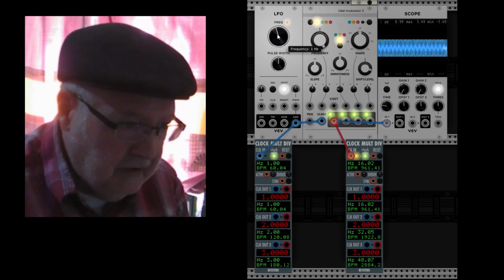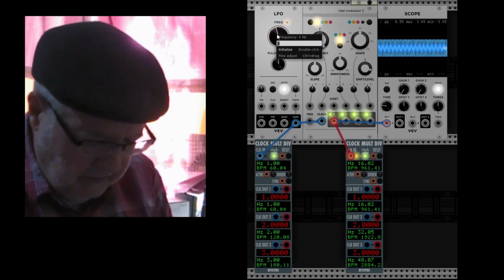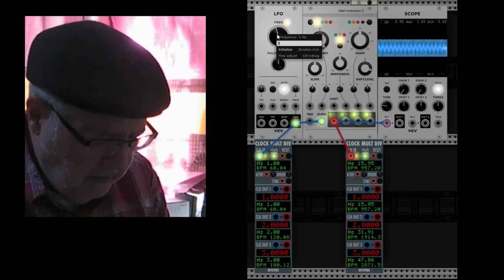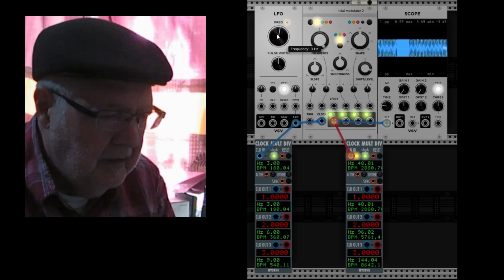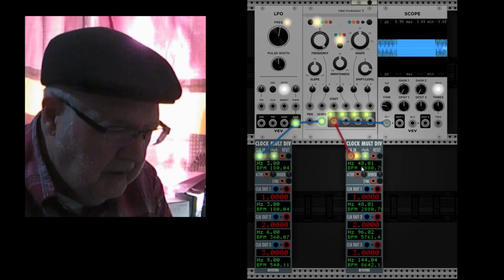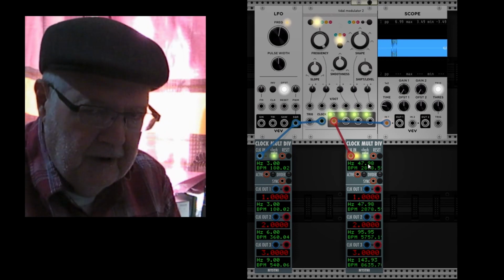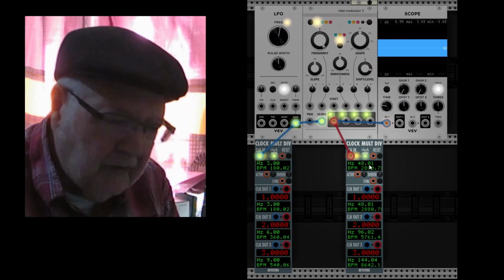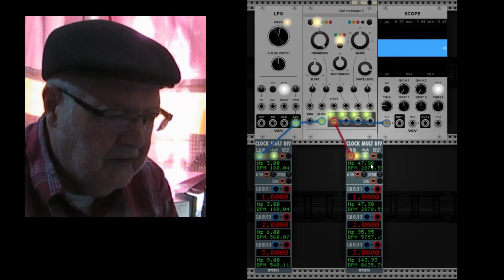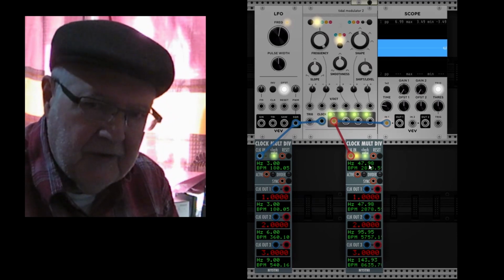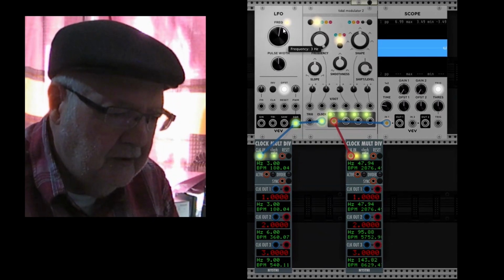Let me change the external frequency, let's say to 3 Hertz. Now I should have 45 Hertz, but it's around 45 Hertz here, 16 times the frequency of the LFO.